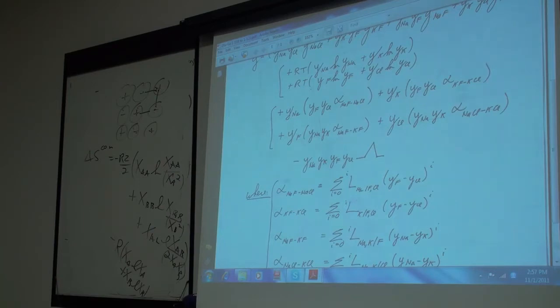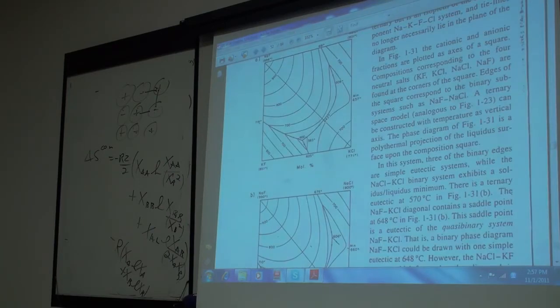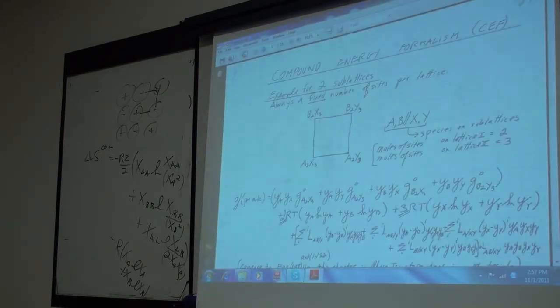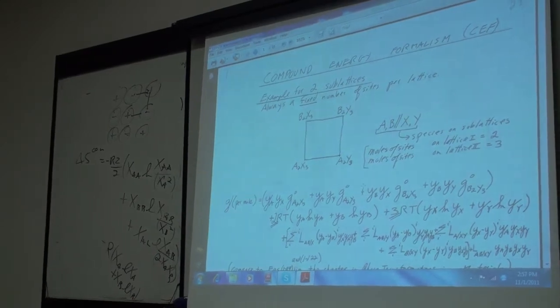Okay, let's continue now with some solids. We're going to continue with the polynomial model. So this is the polynomial model with the short-range order. If you take into account the short-range order, you use the big lambda term, which is what they do. Let's go to slide number 23. This has become called the compound energy formalism.